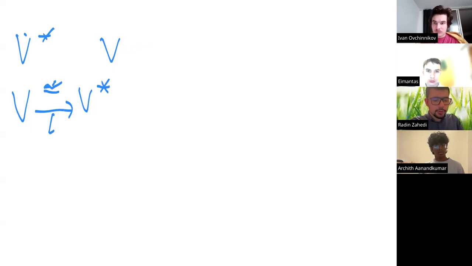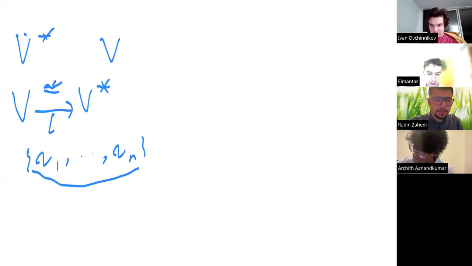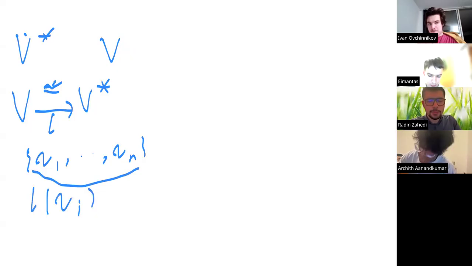One thing I could do: each linear map is uniquely determined by its values on the basis. That is, if for each vi of the basis I choose what vi maps to, then I have a unique linear map from V to V star.